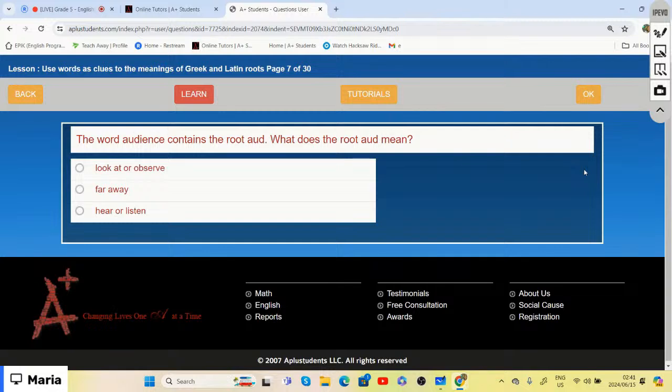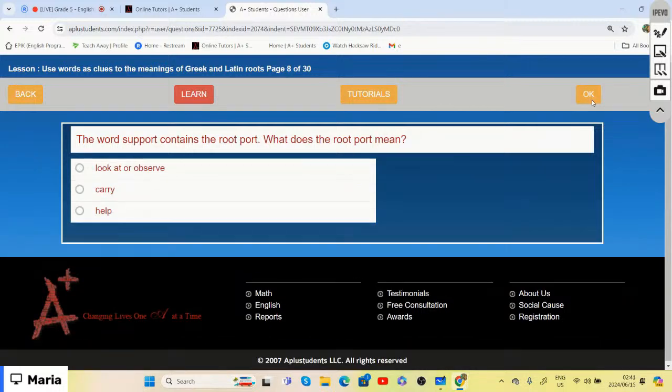Audio, like sound. All right, then aud is to do with sound, so we can say it is hear or listen.